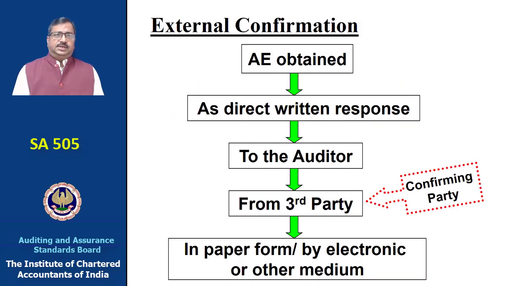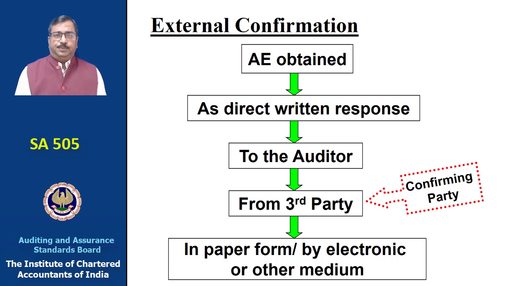The first one is external confirmation: audit evidence obtained as a direct written response to the auditor from a third party, in paper form, by electronic or other medium. What is important is that the third party is asked to send it directly to the auditor to confirm certain things.